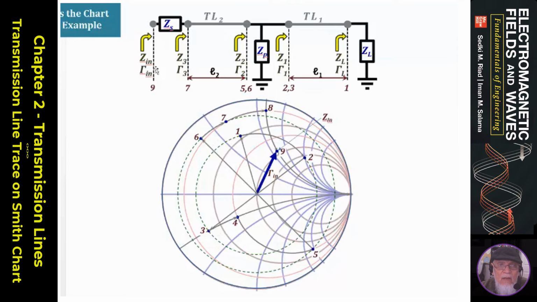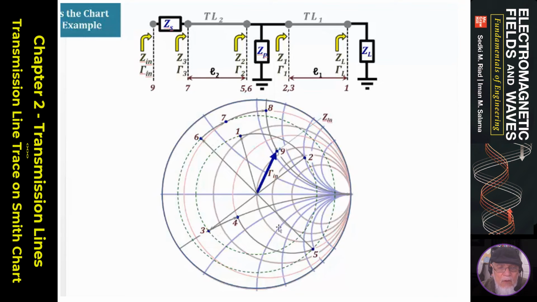So again, to demonstrate the whole thing, let's go over it very quickly. I start with the impedance at 0.1, constant gamma circle, lossless line. I move to 0.2, impedance, get the admittance, 0.3, add the shunt admittance of the shunt device connected here, get the G sub B and the B sub B, normalized admittance, move the G sub B and the B sub B, I get the admittance at 0.5.